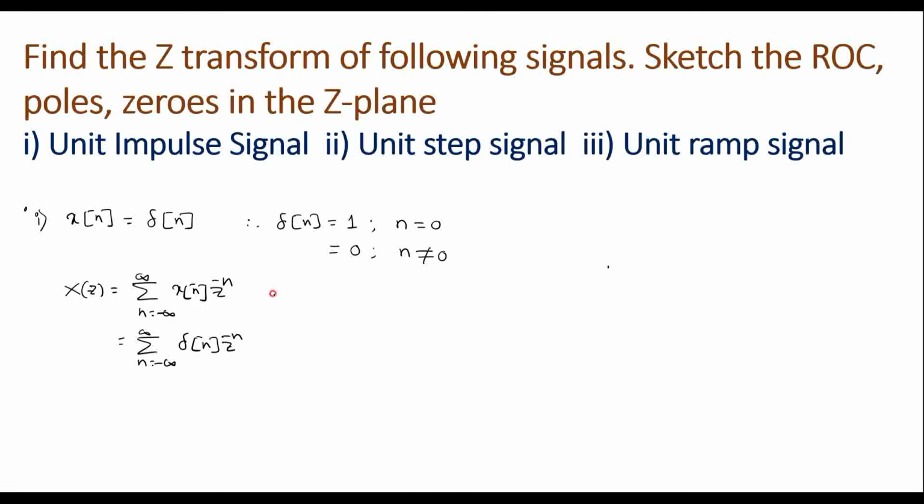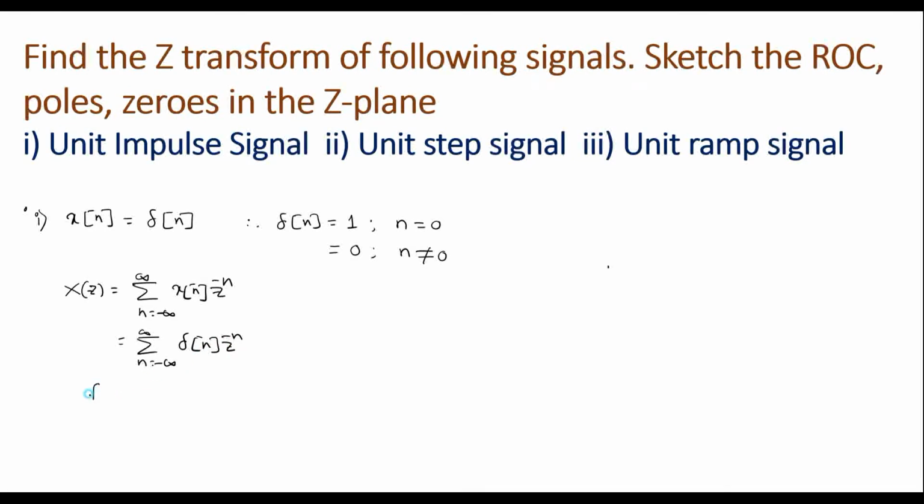According to the definition of delta of n, its value is 1 only for n equal to 0 and its value is 0 if n is not equal to 0. It means that only for n equal to 0 the delta signal exists and its value is 1. For all other values its value is 0.